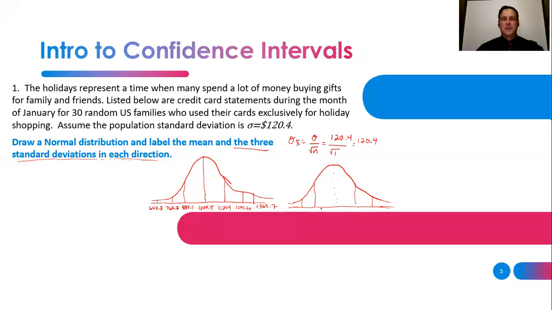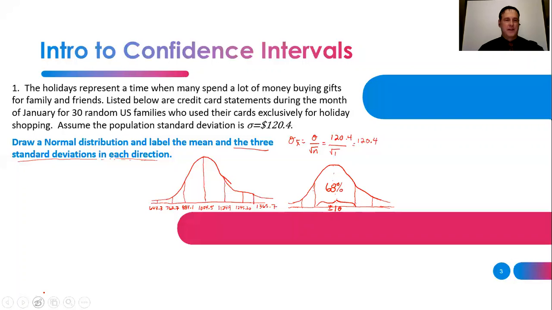Remember that this is 1 standard deviation away. We've drawn the line in the more positive direction, representing 1 positive standard deviation. This one is 1 negative standard deviation, so plus or minus 1 standard deviation away. Remember that represents 68% of all the data within.